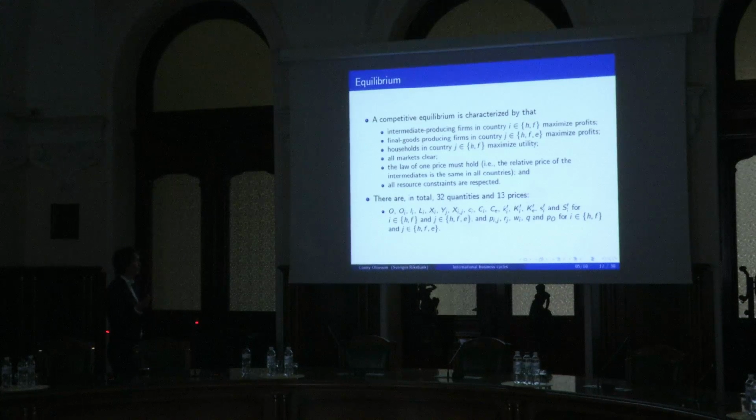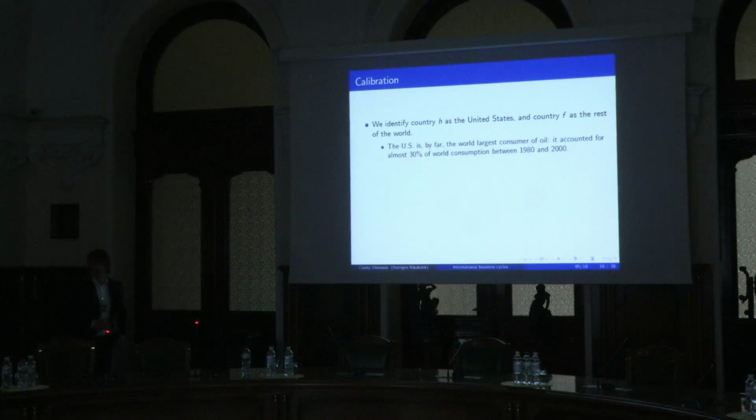All markets must clear. There are no trading frictions, so the law of one price must hold, and that just means that the relative price of these intermediates must be the same in all countries. And there are some resource constraints, and they need to be respected. So this is just in words what it means. So nothing strange.